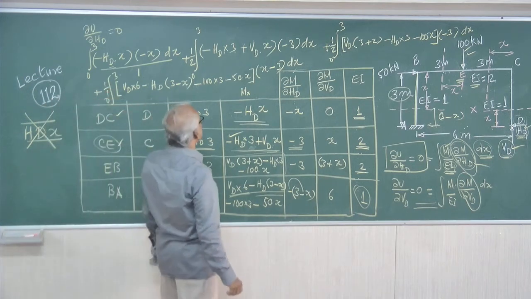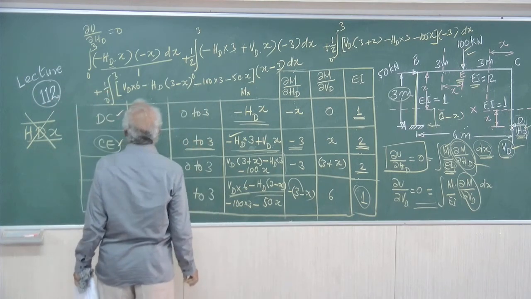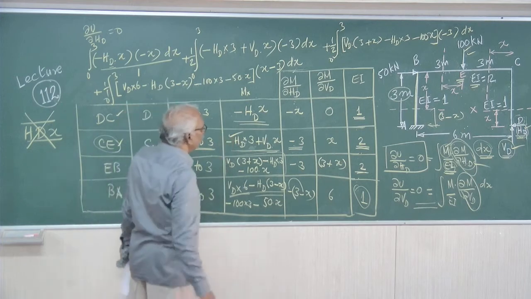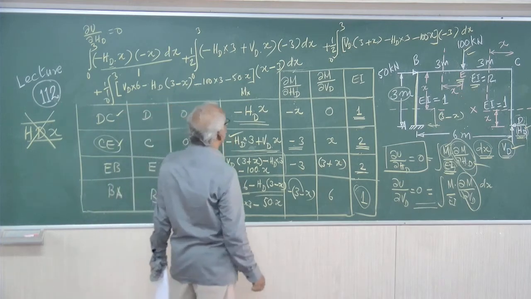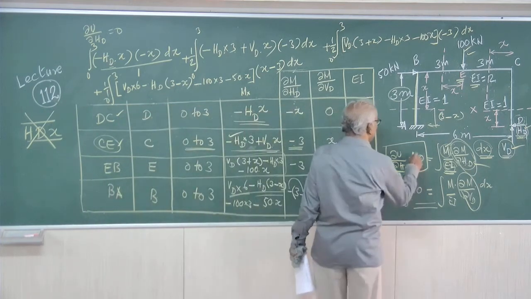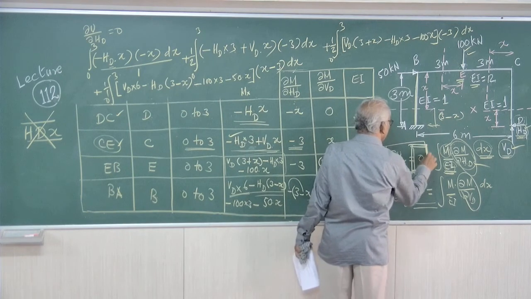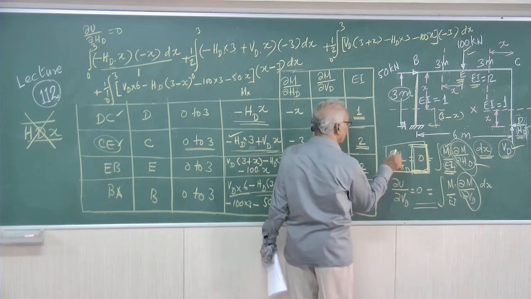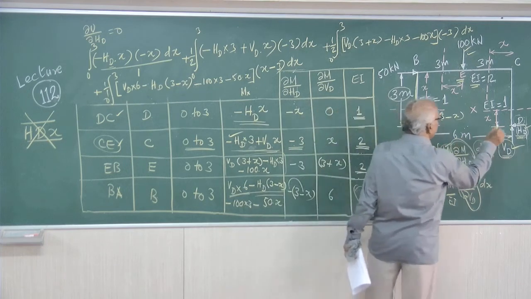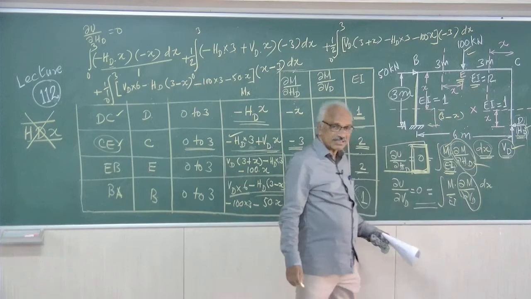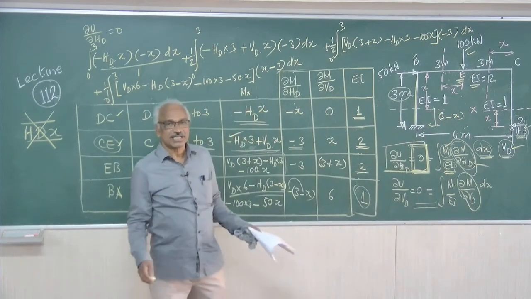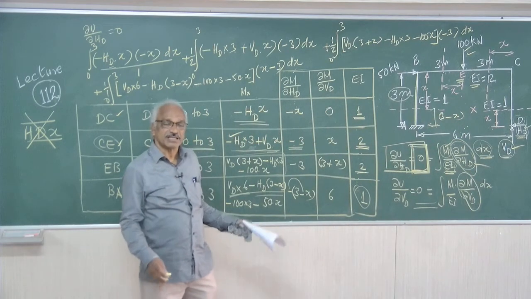So, the sum of all these 4 values, that is why I divided the portion into 4 sections. The algebraic sum of these values must be equal to 0, dou U by dou Hd, because dou U by dou Hd will give you the horizontal displacement of the joint D. The joint D is hinged, therefore there is no horizontal displacement, so it is equal to 0.